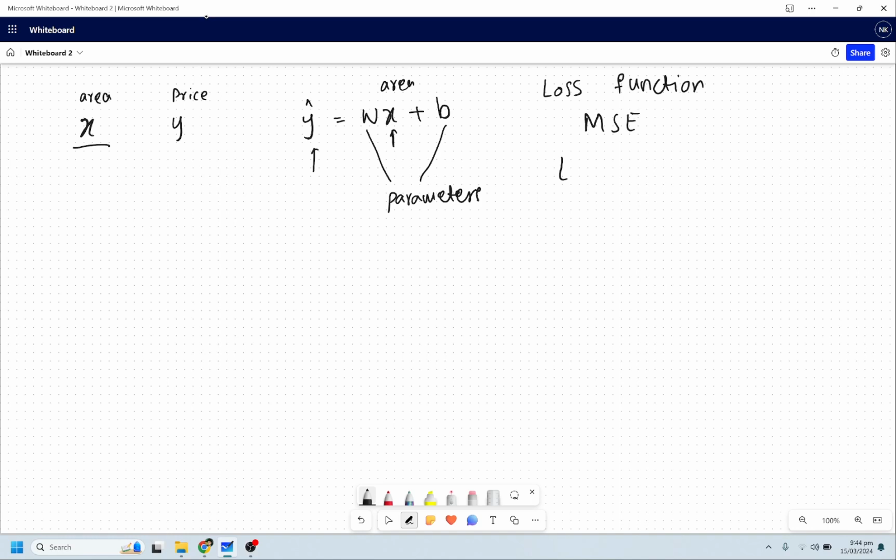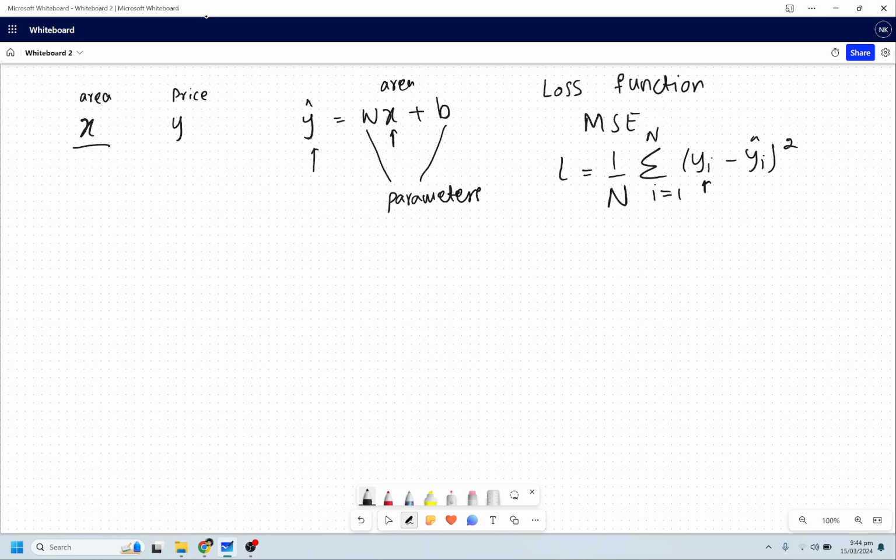Its formula says that L is equal to 1 over n. This capital N represents the total number of instances in your data. And then we have summation from i = 1 going up to n, (yi minus yi hat) whole squared. This yi here is the true output, and then yi hat here is the prediction of the model.